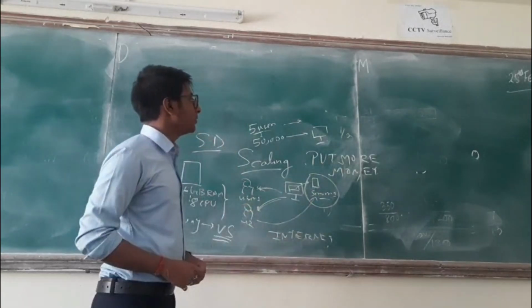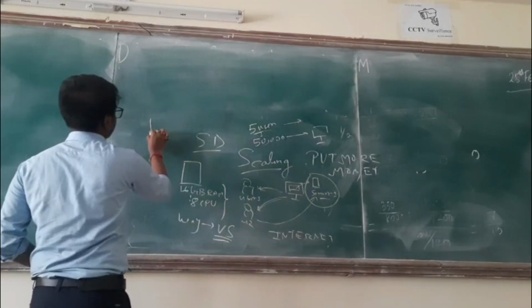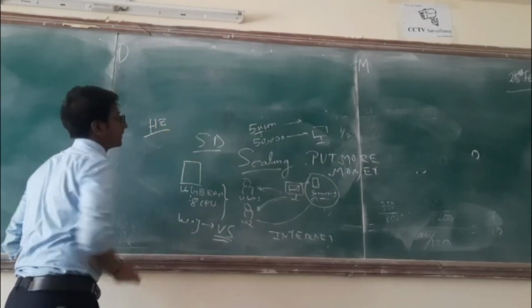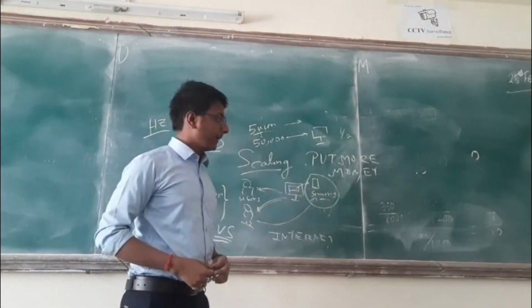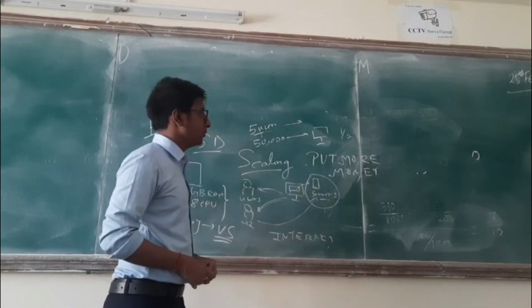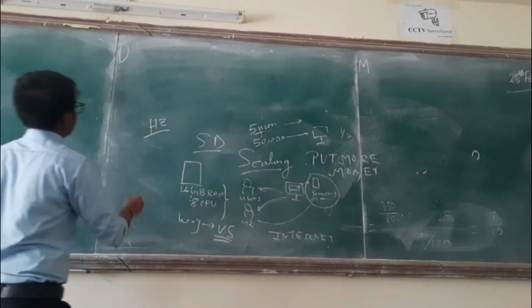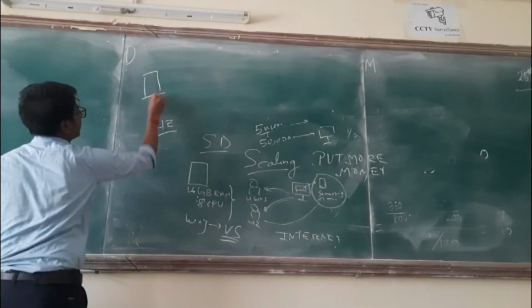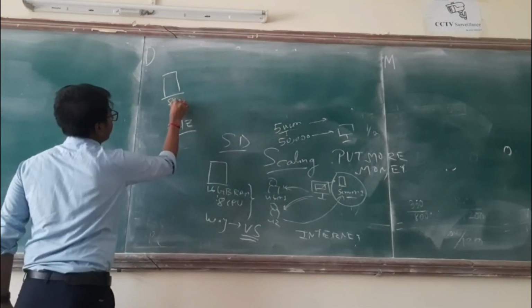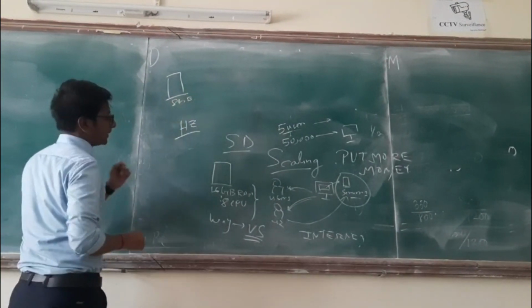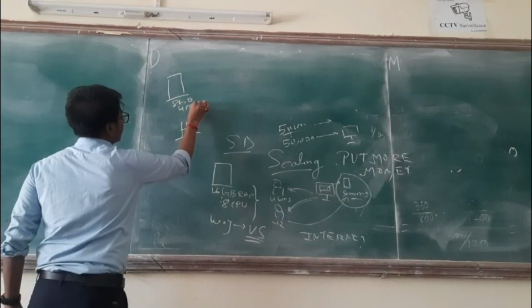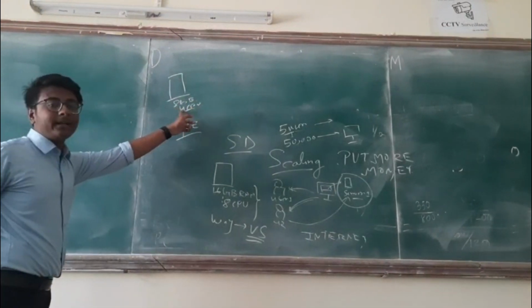Now let us understand what horizontal scaling is. You have to put in more money, but you have the previous server with 8 GB RAM and 4 CPUs as its capacity. You just don't upgrade your server.